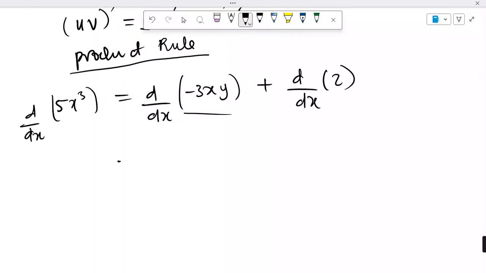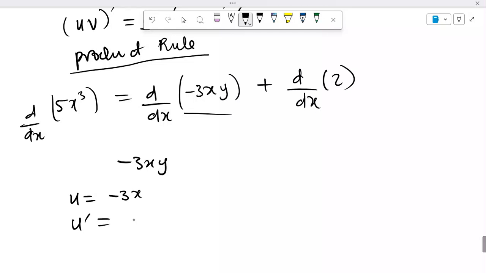So we have 3xy. So you can set u and v. Let's say u is negative 3x. Okay, then if you differentiate this part, u prime is differentiating this with respect to x.